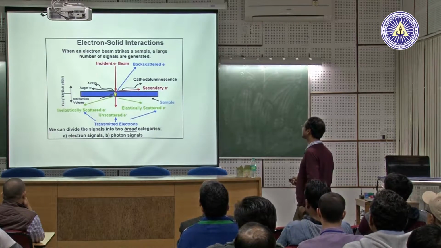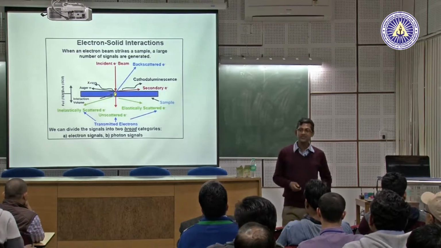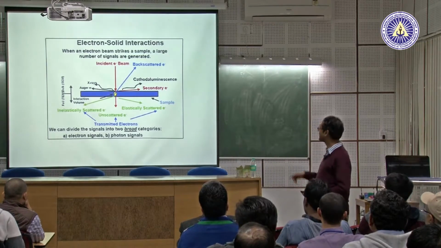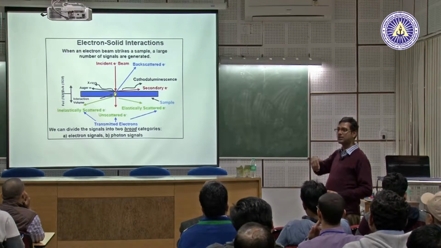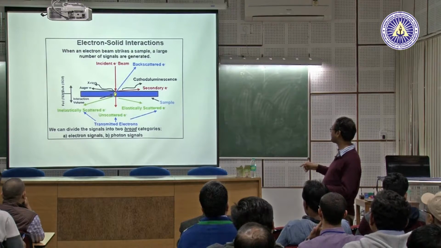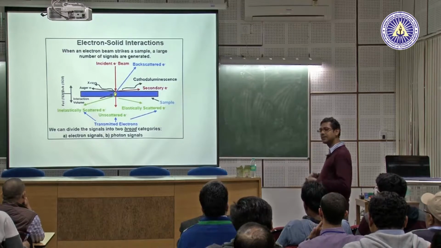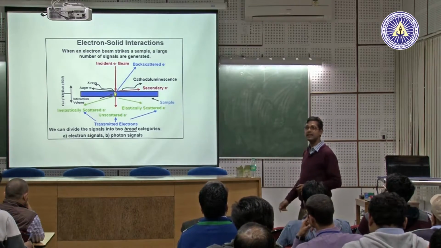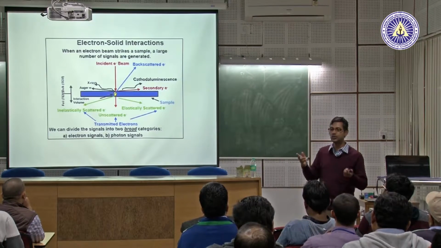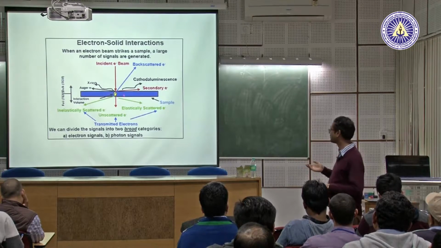Now it also generates X-rays and Auger electrons, right? Why X-rays? Because if the incident electron ejects an inner shell electron, it will go out and become a part of the secondary electrons, but there will be a hole created in that inner shell, and that is an unstable structure. So an outer shell electron will jump into the inner shell, and this process will lead to energy loss, or rather emission of X-rays.